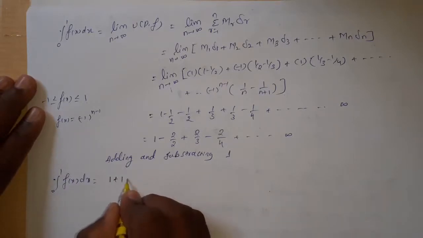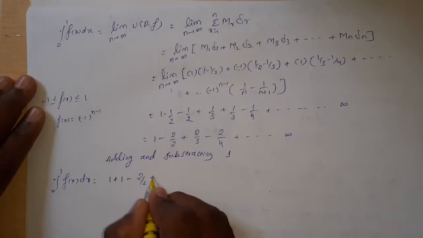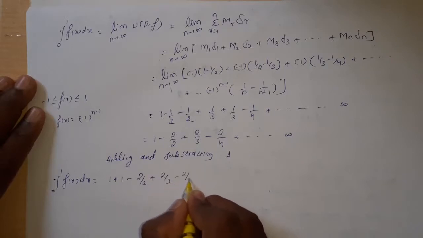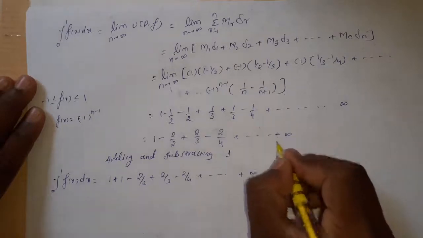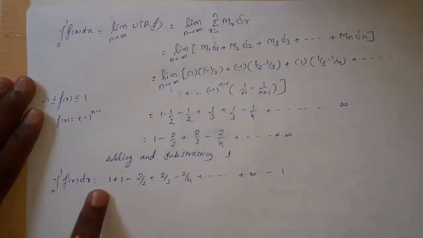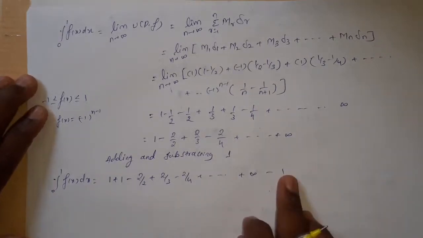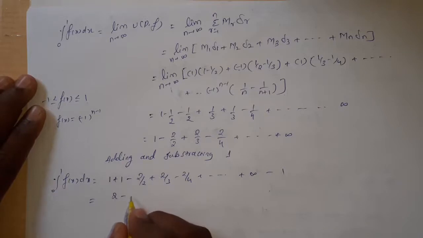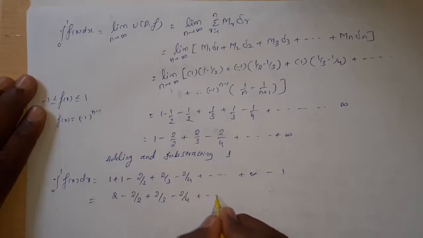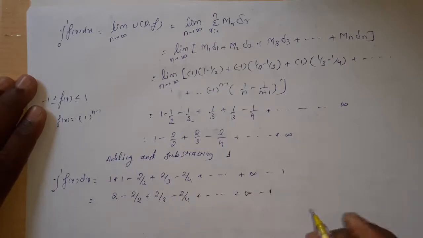Then it is minus 2 by 2 plus 2 by 3 minus 2 by 4, and so on up to infinity, then minus 1. So here we have added 1 and we have subtracted 1. Now this becomes 2, 1 plus 1 is 2, then it is 2 by 2 plus 2 by 3 minus 2 by 4, and so on up to infinity, minus 1.